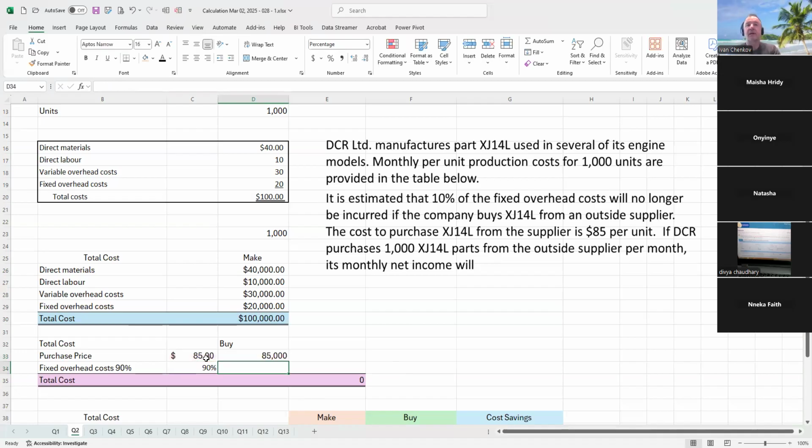We have to pay the supplier $85,000. That's for sure. Plus, we have to pay 90% of the fixed cost. So 20,000 times 90%, we have to pay another $18,000. In total, we have to pay $103,000. What's the difference?